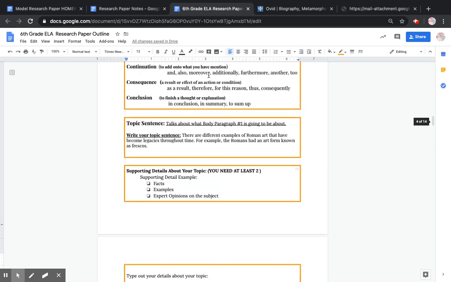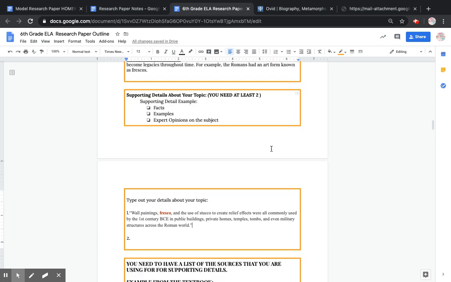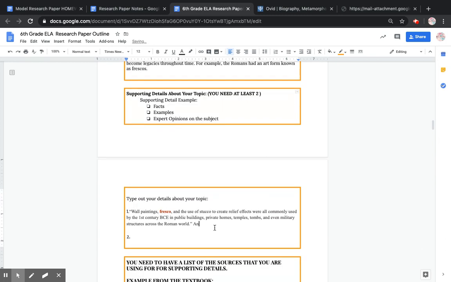And then I could put, because I want to continue, another example of Roman art would be known as sculptures.